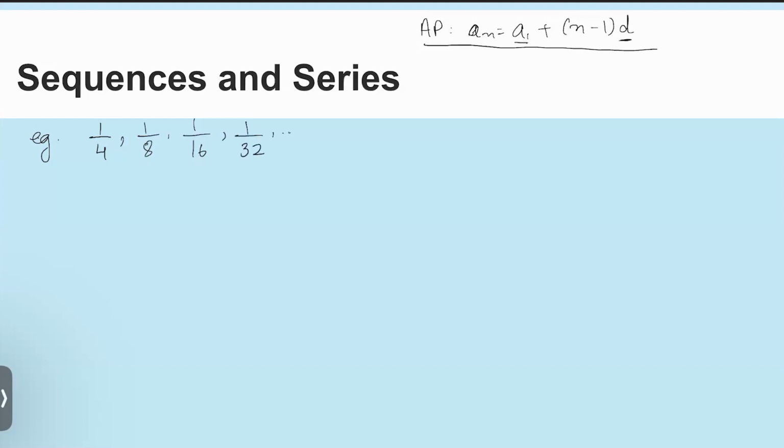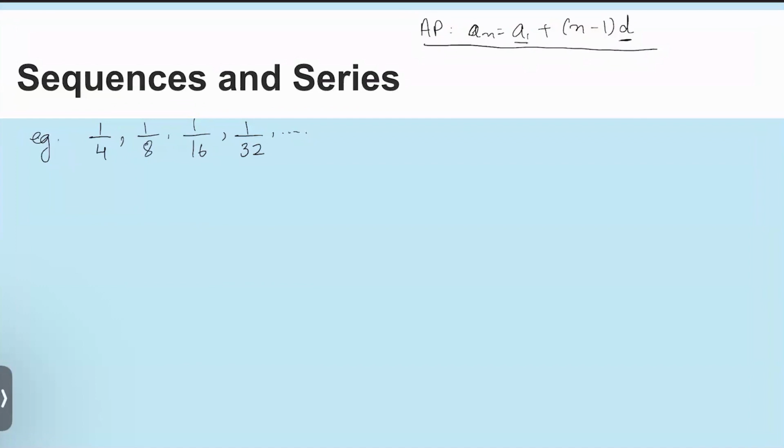Suppose we have such a sequence. What is the constant relation that will help us find the next 10 or next 5 numbers in the sequence?